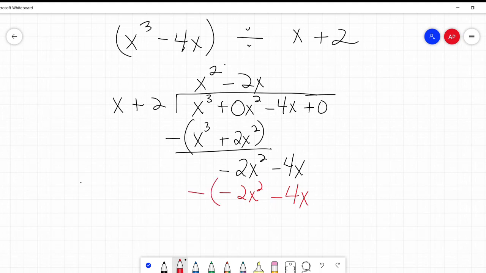So I'm going to subtract all those. Negative 2x squared minus a negative 2x squared cancels out. Negative 4x minus a negative 4x cancels out and gives me 0. Bring down 0. X times what equals 0? 0. So there's nothing more to write. My answer is simply x squared minus 2x.